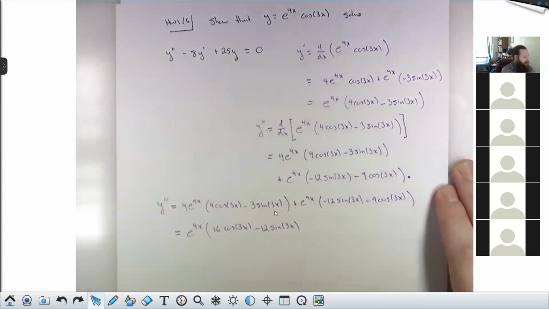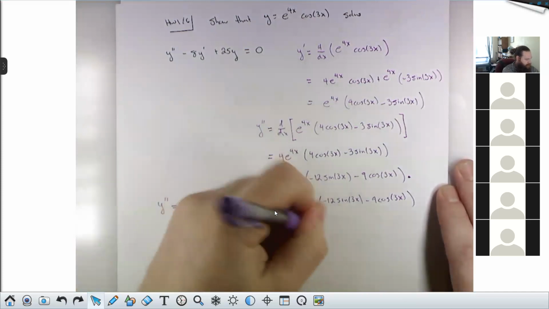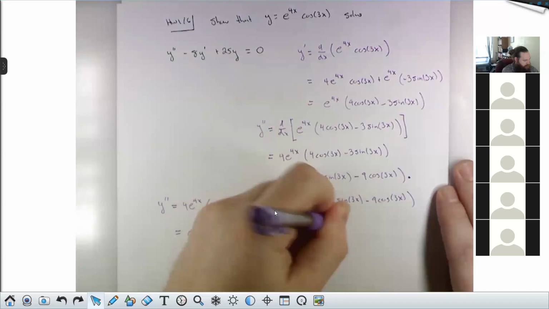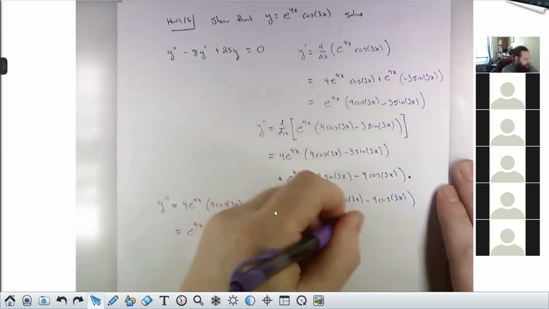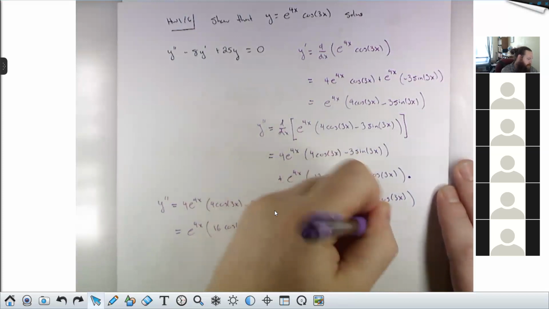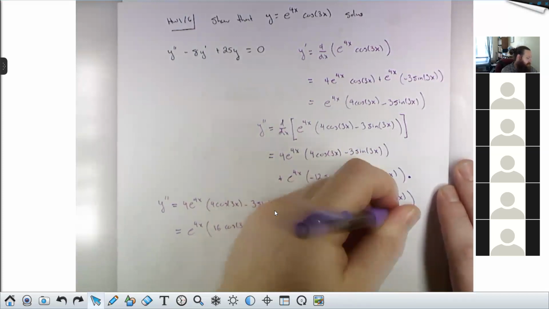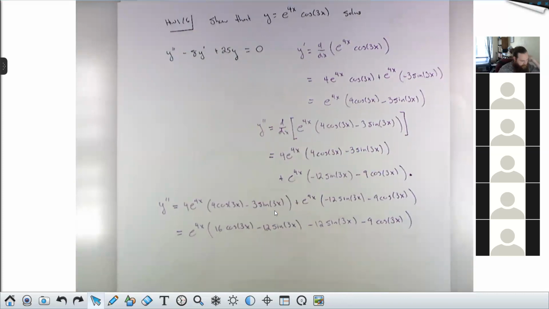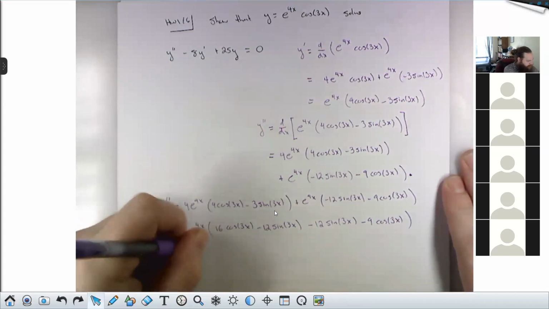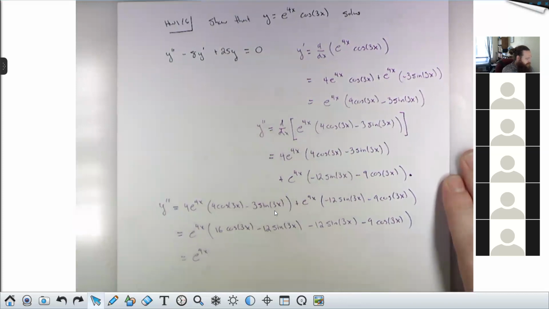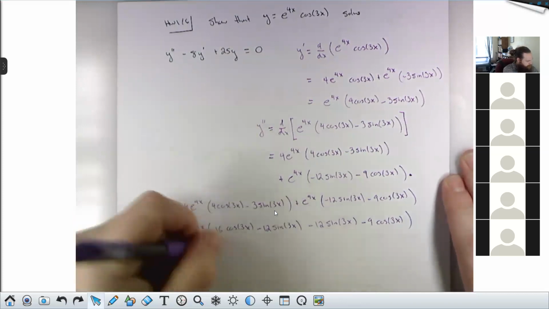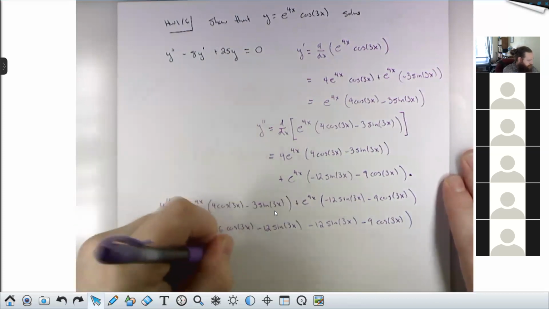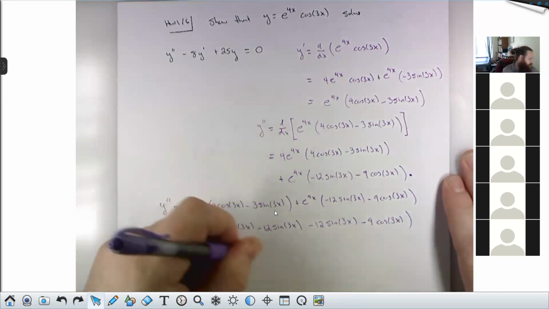And then here I've got a minus 12 sine 3x and a minus 9 cos 3x. And the sines and cosines can go together, right? Cosines, I've got 16 cos 3x minus 9 cos 3x, which is e to the 4x times 16 minus 9 times the cosine of 3x, which is 7 cos 3x.